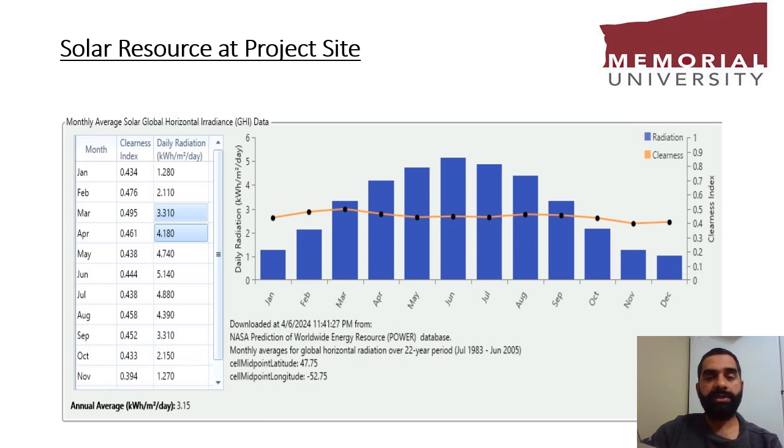So the average annual irradiance for St. John's is about 3.1 kilowatt hour per meter square per day, which is quite enough for our system to generate electricity for our building project.